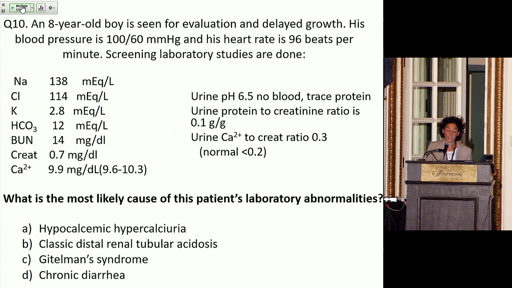A urine pH is 6.5. Urine protein to creatinine ratio is 0.1. Urine calcium is 0.3. And what is the most likely cause of this patient's laboratory abnormalities? A, hypocalcemic hypercalciuria. B, the classic distal RTA. C, Gitelman syndrome. And D, chronic diarrhea.